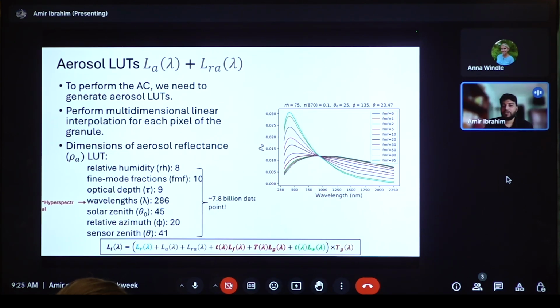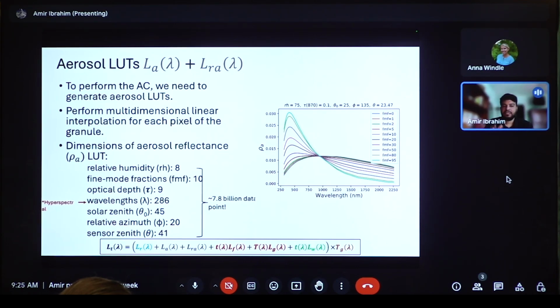But going into the hyperspectral era, now we have hundreds of additional bands that blow up the dimensions of these lookup tables that I was talking about before for the aerosols and other components. So computational efficiency for hyperspectral sensors is becoming a lot more challenging.